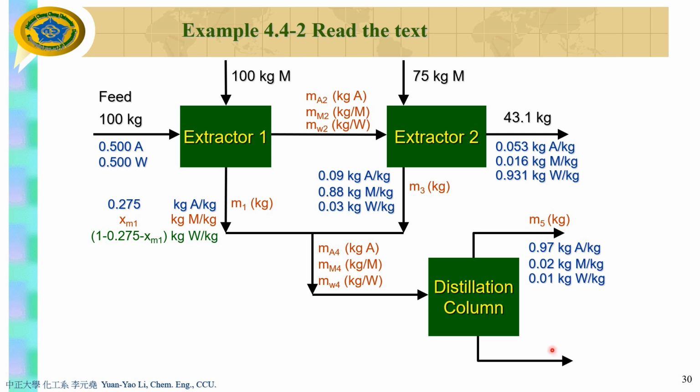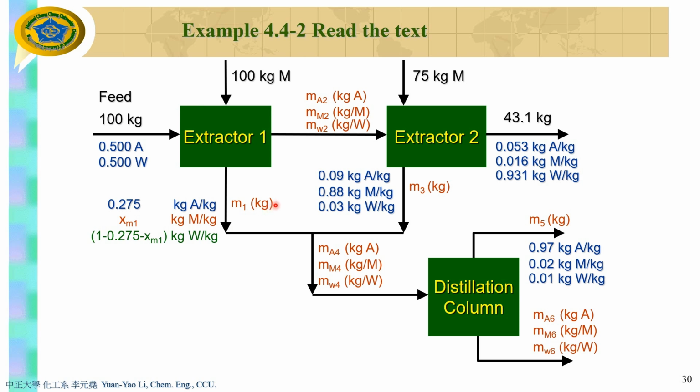And for the bottom stream, there's no information provided, so you can write down MA6, MM6, and MW6. So these are all the known and unknown variables you have.